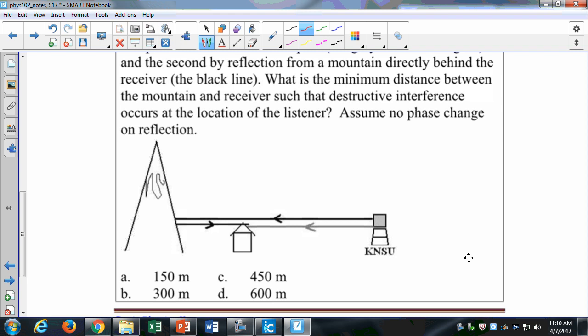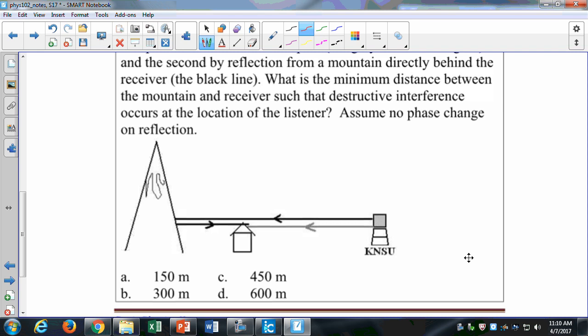It sends out radio waves, and this is a mountain over by the bayou, that little hill. The radio waves go out and then they bounce off. So some of the radio waves bounce off, and some of them will just go straight to your home. And so you got two waves coming together.